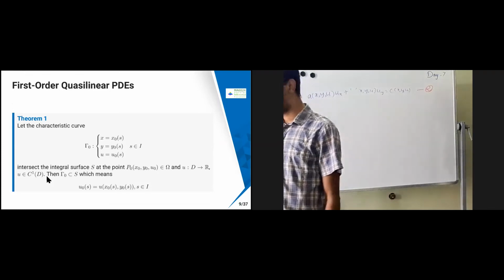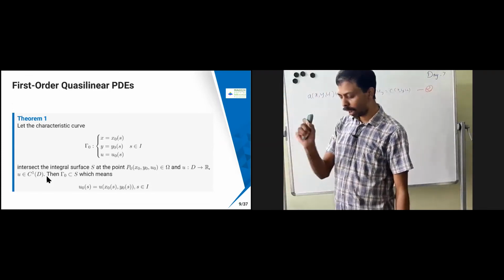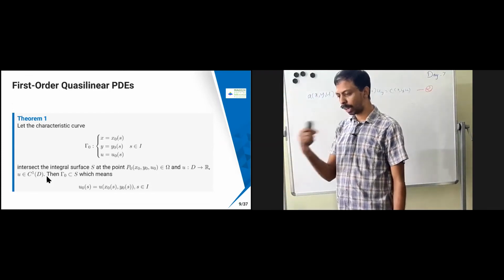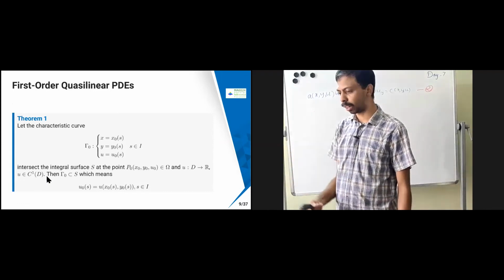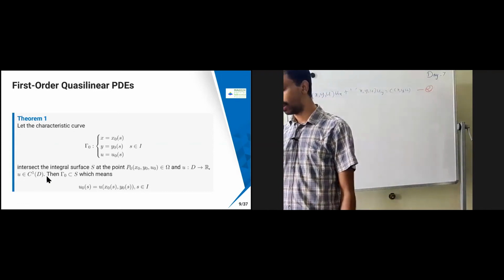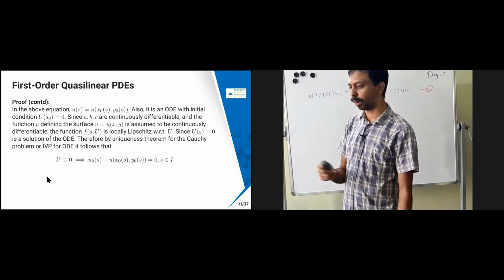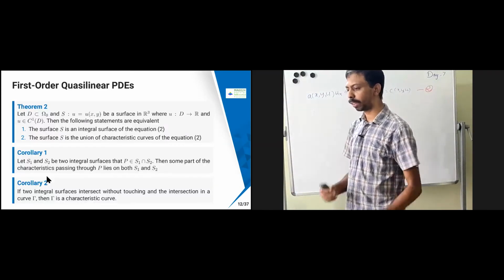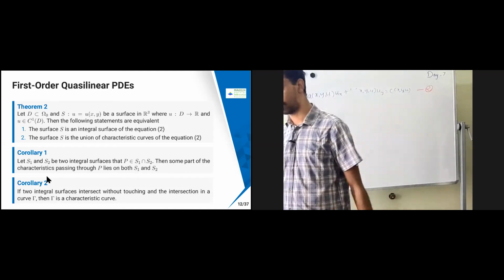So you take arbitrary gamma naught intersecting the integral surface, then take the union of that, and you can prove that this forms the surface. Now what you need to prove are the constants, which I left as an exercise. That is also easy.